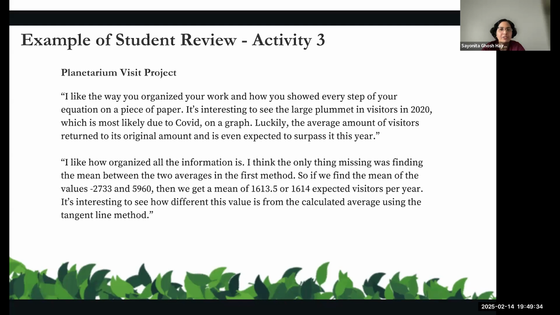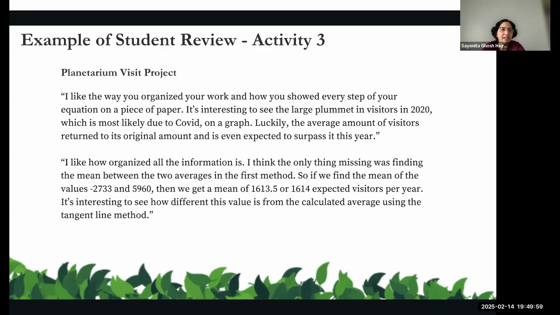Luckily, the average amount of visitors returned to its original amount and is even expected to surpass it this year." In this example, the student tried to make sense of the analysis: there was a decrease in the number of visitors in 2020 because of the widespread of COVID-19.